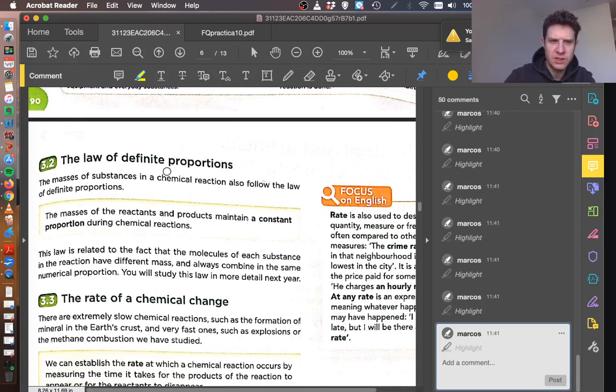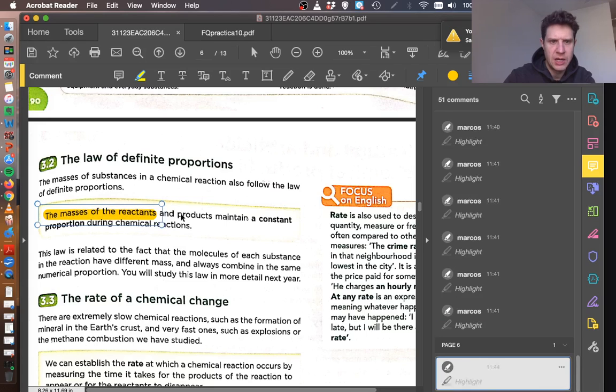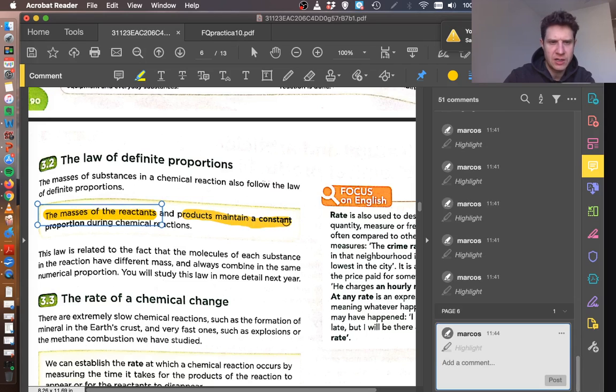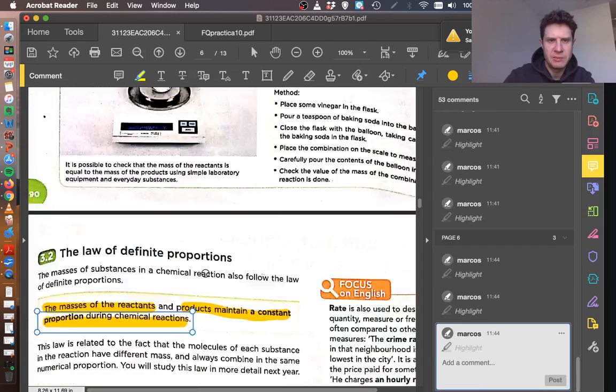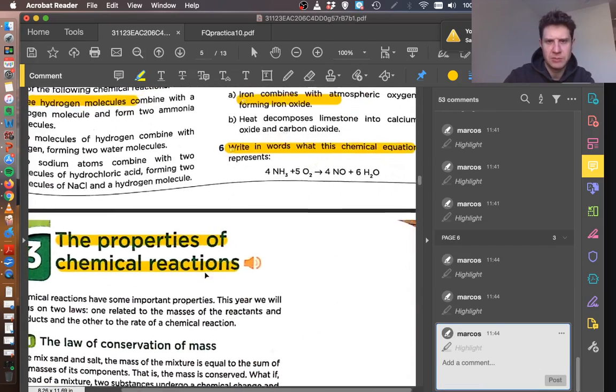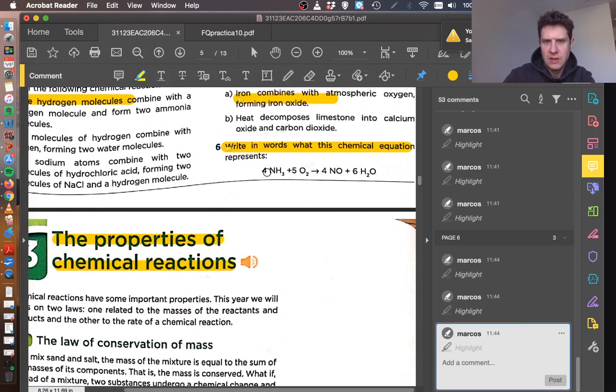The law of definite proportion: the masses of the reactants and the products maintain a constant proportion during chemical reactions. That means that this is the only way we can make ammonia react.